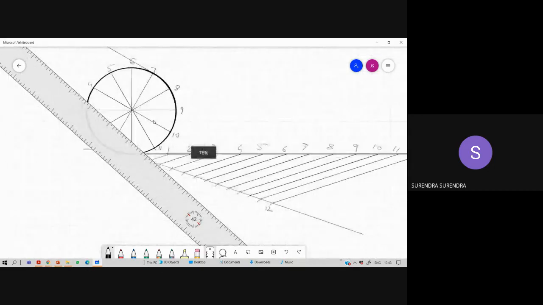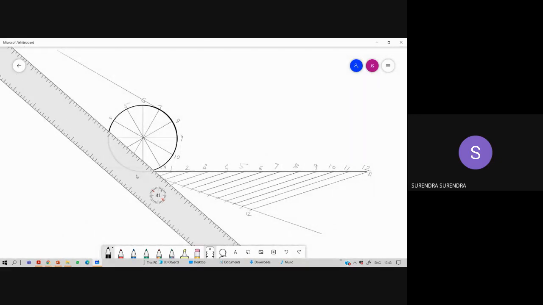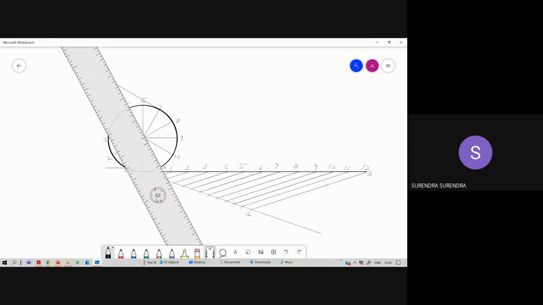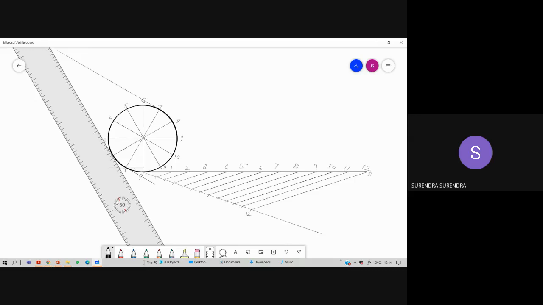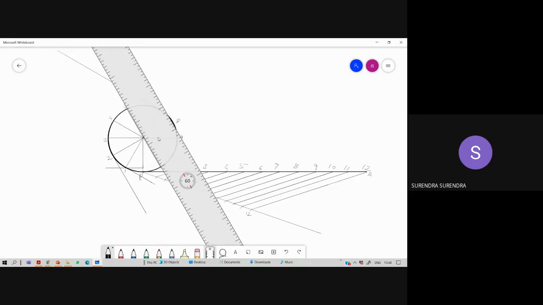Similarly, at each and every point. Tangent at 2, and moving the scale parallelly, tangent at 8. So you can draw both the tangents at the same time.